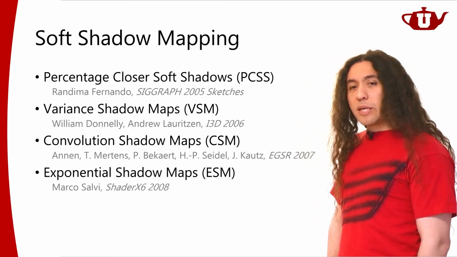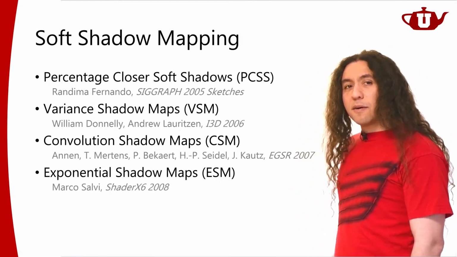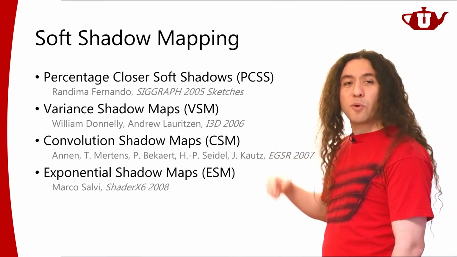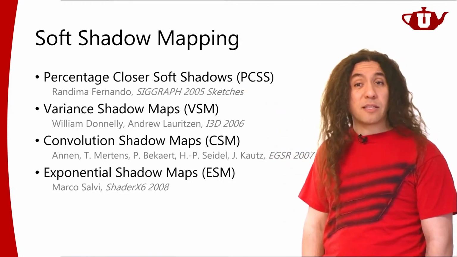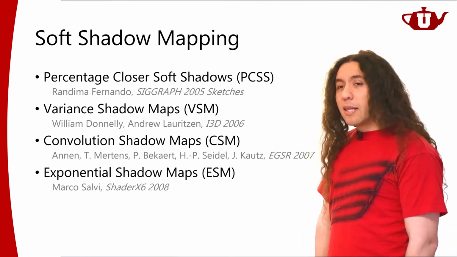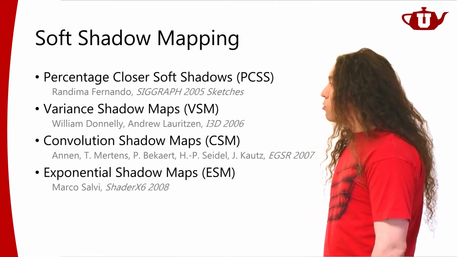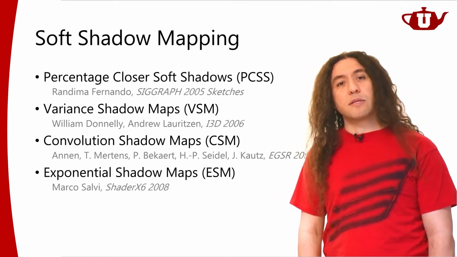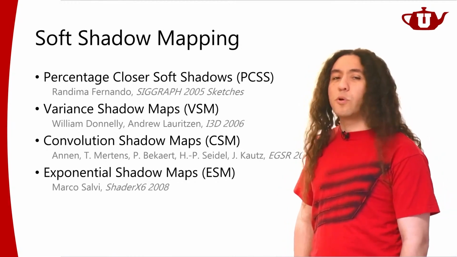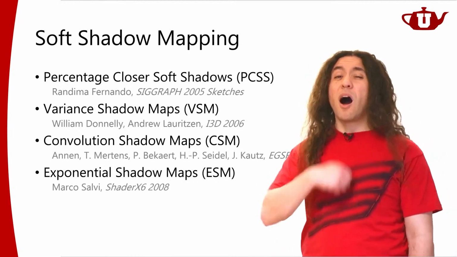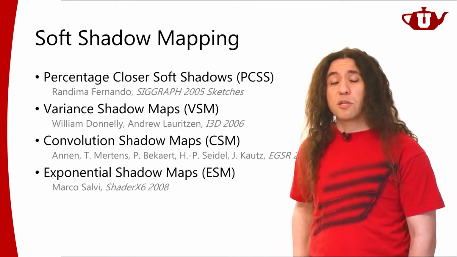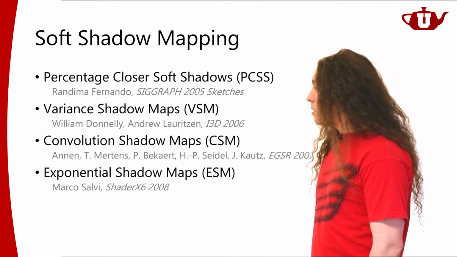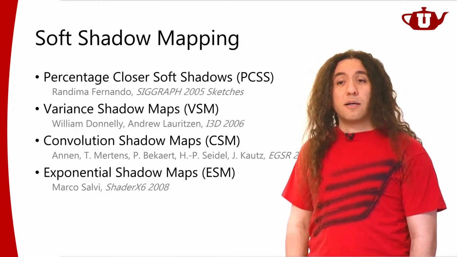The idea with these methods is that instead of the easier to understand approach of percentage closer soft shadows, they try to approximate the percentage closer filtering results. Instead of paying the cost of doing percentage closer filtering, they implement different forms of pre-filtering.